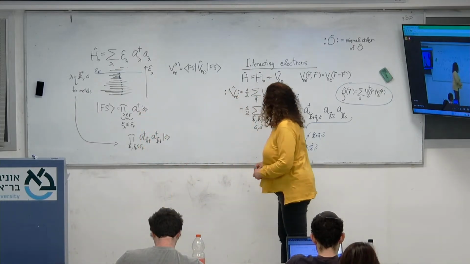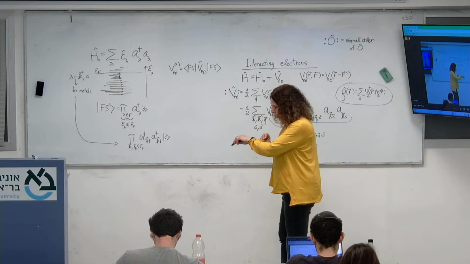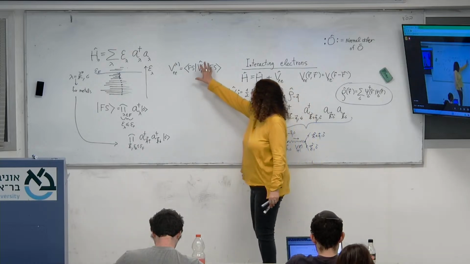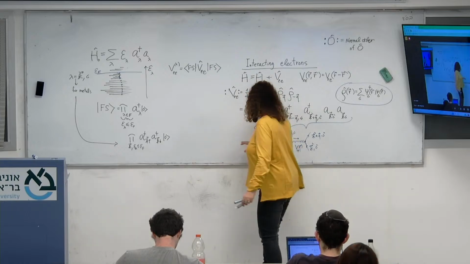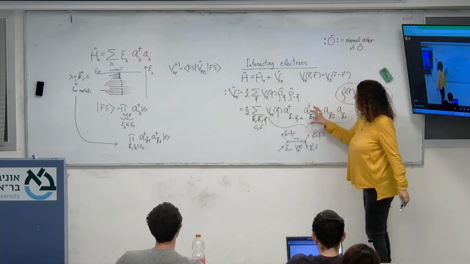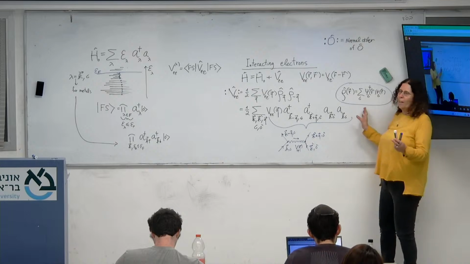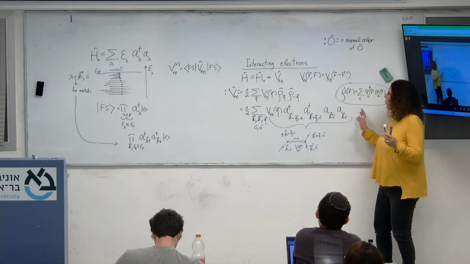So in principle, straightforwardly, I should take this operator, which is a relatively simple two-body operator.